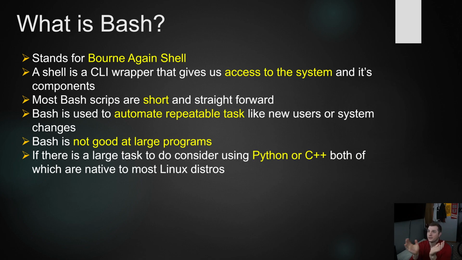Okay, so most bash scripts are short and straightforward, so they're there to accomplish a particular purpose. These scripting languages are not meant to be object-oriented. There are some things like functions built into them where you can reuse particular sets of code.